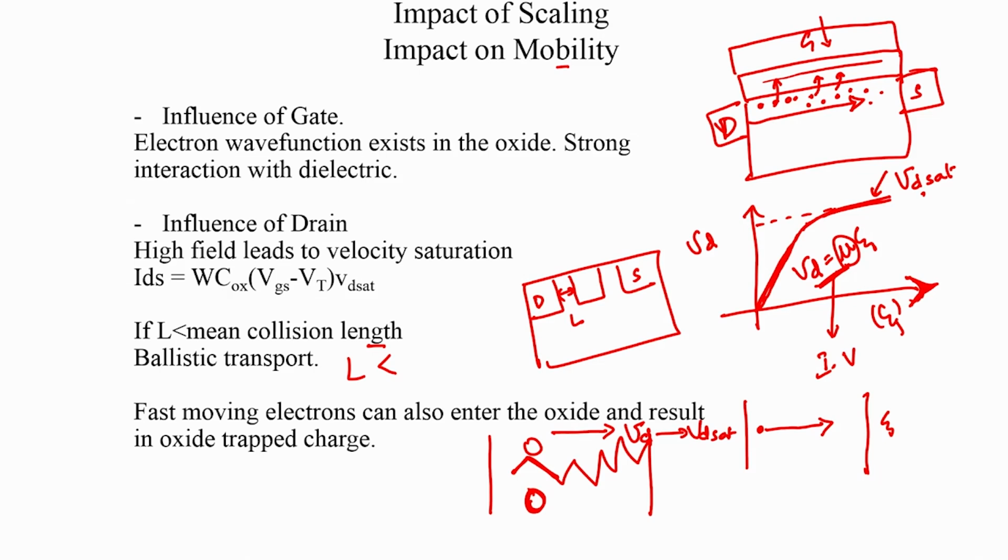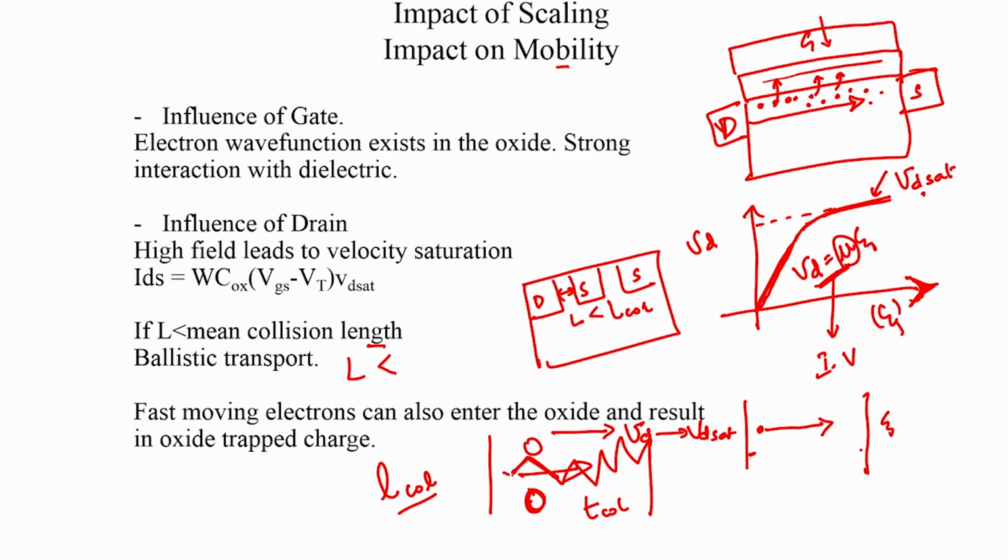But if you reduce the channel length, and these scattering events have a mean collision time of t col and a mean collision length of L collision, and the channel length of the MOSFET, that is the distance between drain and source, is reduced to less than the mean collision length, then it is very likely that a large number of electrons do not on average experience any scattering, and these electrons would simply shoot past without experiencing any scattering.